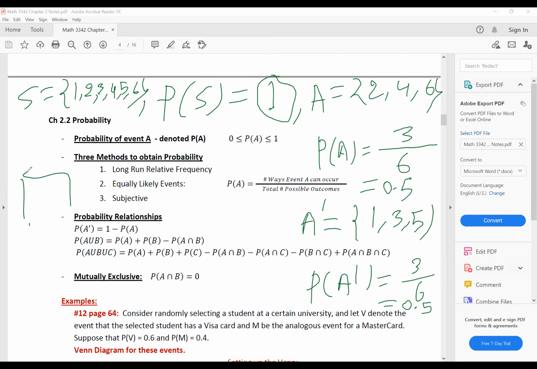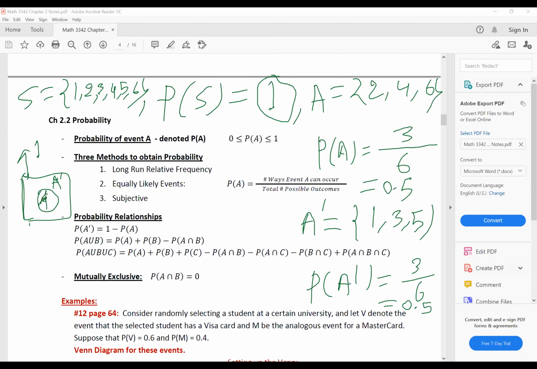Why is this true? Because if you think about the Venn diagram, then the total probability is 1. So that means the probability of this rectangle is 1. And this is, for example, A. So the inside area is A, the outside area is A complement, right? The total area of this rectangle is 1.